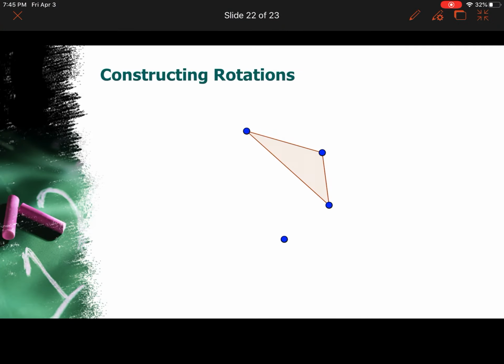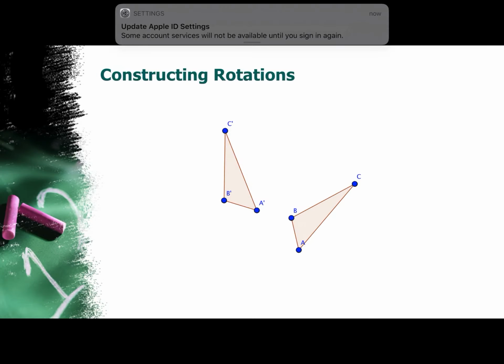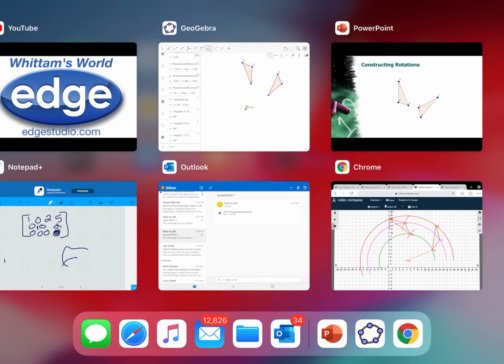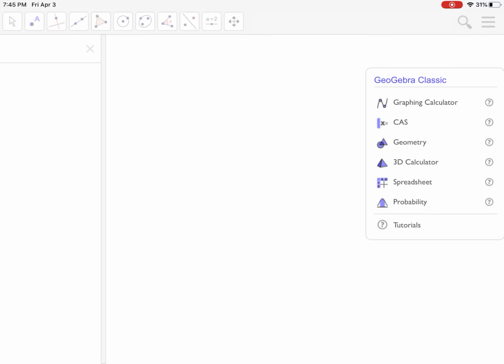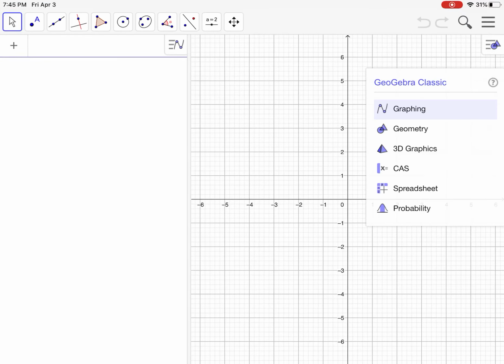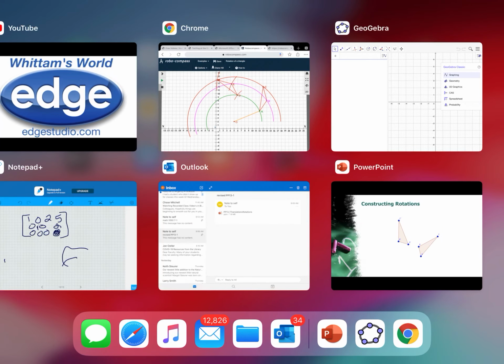Let's get back in here. I think we have one more thing. Actually, I didn't need to get back in there. I wanted to show you on GeoGebra. Oh my gosh, why does it keep losing my thing? Okay, well, GeoGebra is really bugging me.